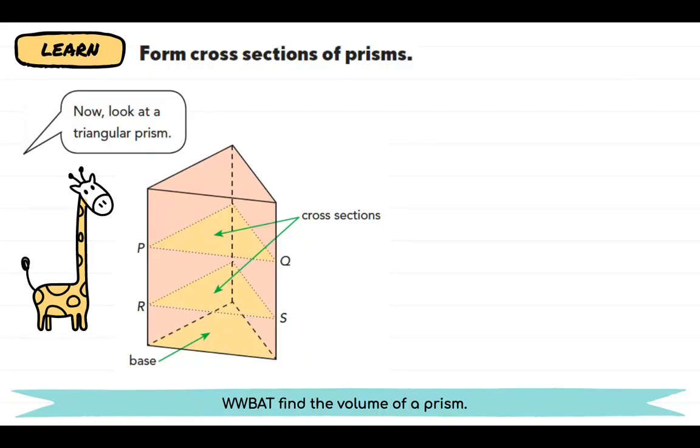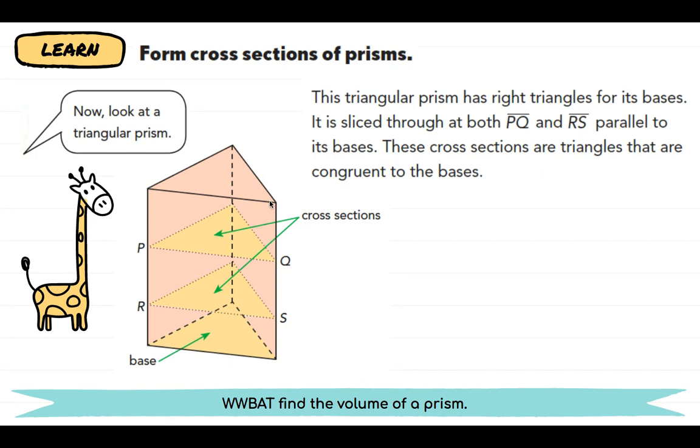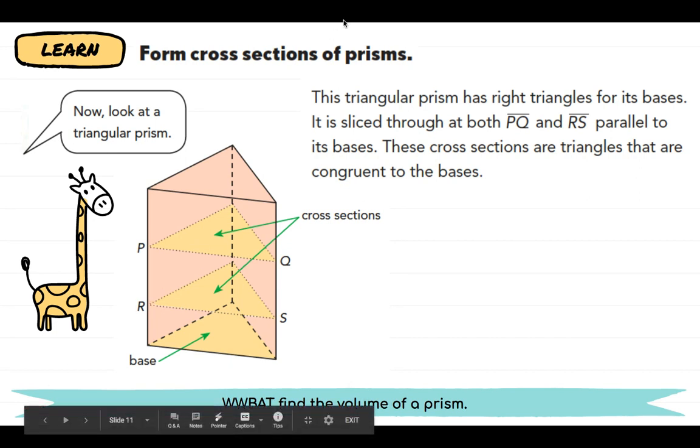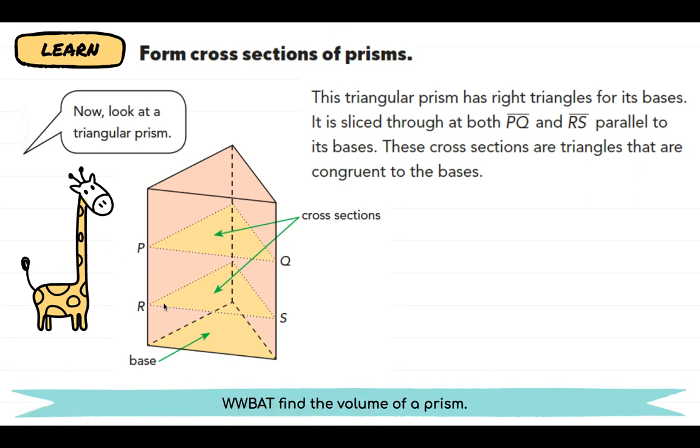Now, let's look at a triangular prism. This is a right triangular prism, and it has slices through PQ and RS. Think of a knife cutting straight through line PQ and line RS, parallel to its base. The cross sections are also triangles that look exactly the same as the bases.